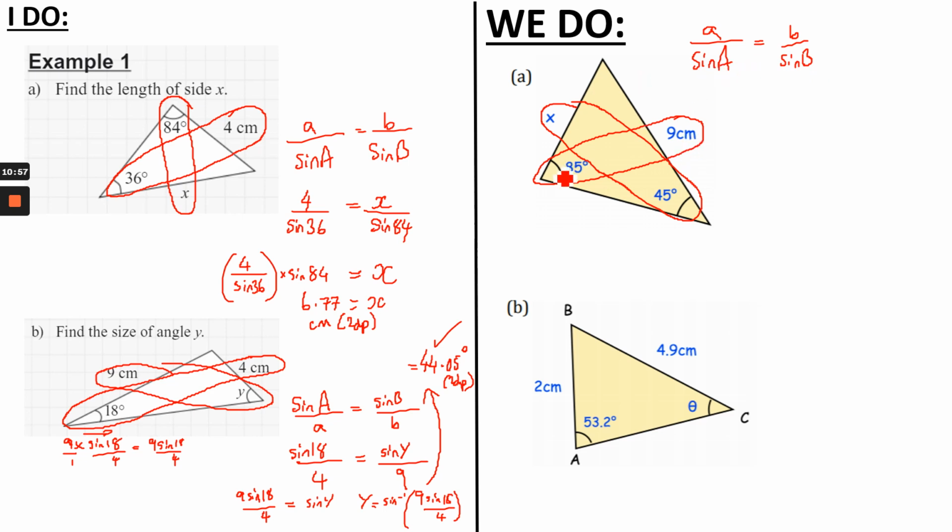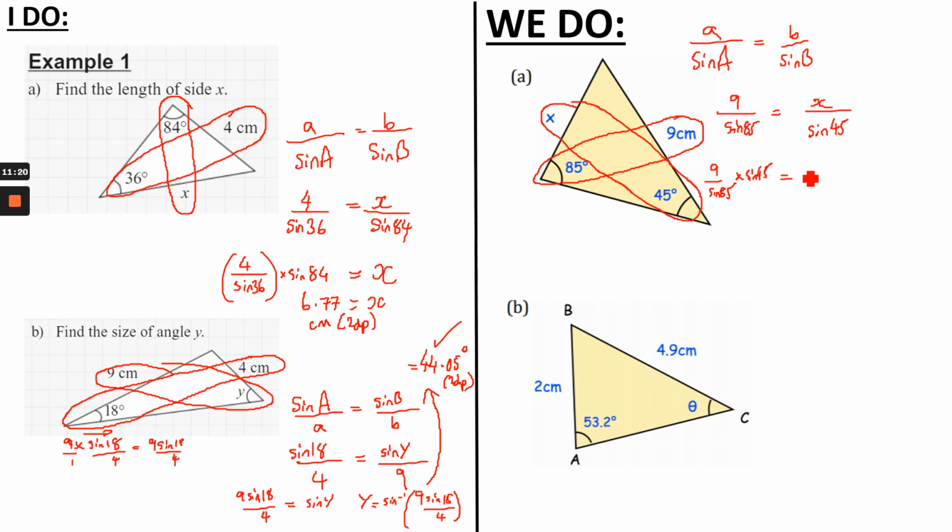Now we've got 9 over sine 85 is equal to my missing length x divided by sine 45. To get x on its own, we're going to multiply both sides by sine 45. So I've got 9 over sine 85 multiplied by sine 45.